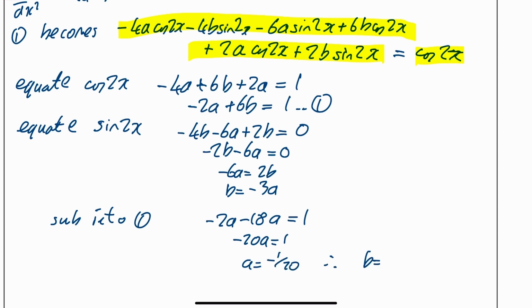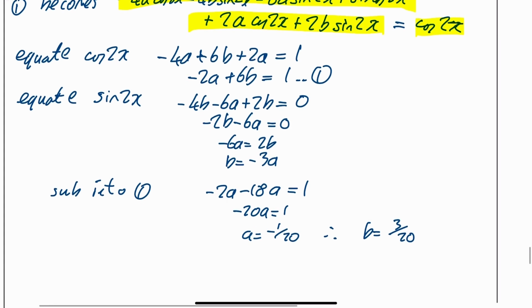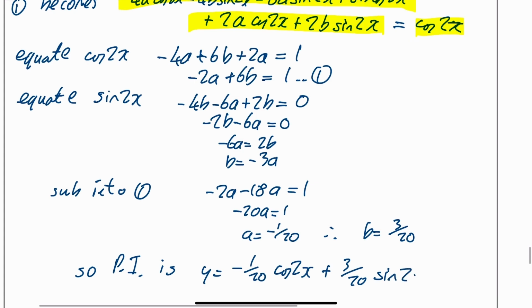Therefore, your b also works out to be plus 3 over 20. So your PI in this case is y is equal to minus 1 over 20 cos of 2x plus 3 over 20 sine of 2x.